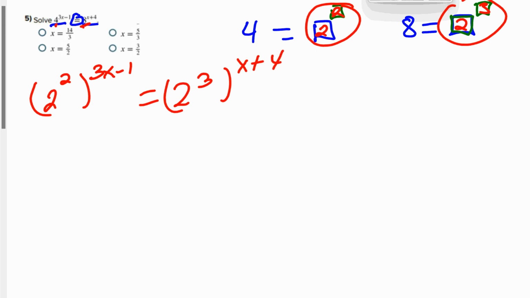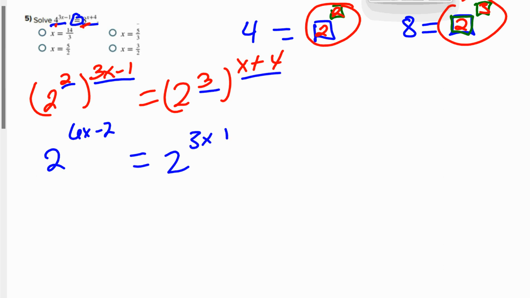Now what do I do when I raise powers to powers? I multiply, right? So 6x minus 2, and powers to powers, that'd be 3x plus 12. Now, since the bases are the same, and we're saying that the left-hand side is the right-hand side, we can then say the exponents have to be the same.